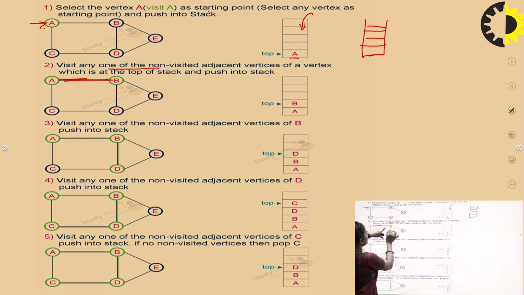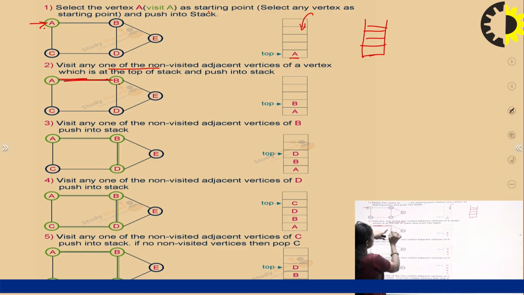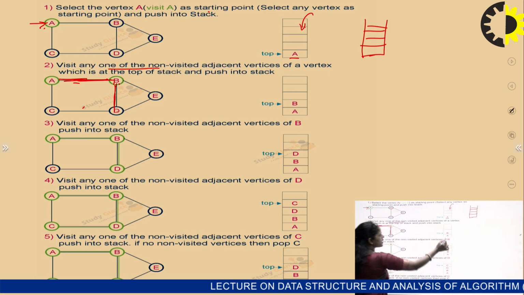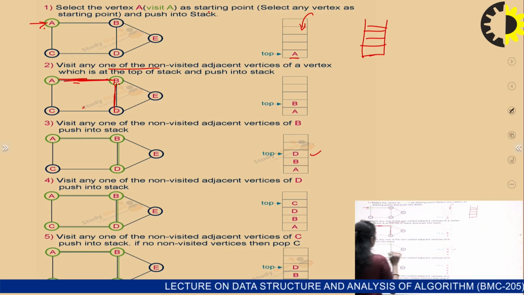So A is connecting to B, then again B is added to the stack, right? And here we have two paths, B to E and B to D, but I am selecting D. So basically this is the depth of the graph. I go A to B and B to D, and next D is visited, that is added in the stack.